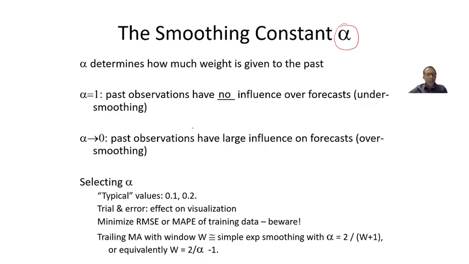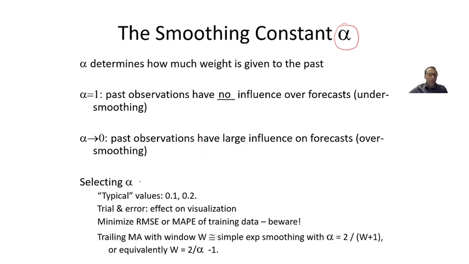And alpha equals 0 means that past observations have a large influence on forecasts. So in this one, the previous observations have a strong influence. In this one, the previous observation does not have that strong influence. We will take into account very much the oldest information.